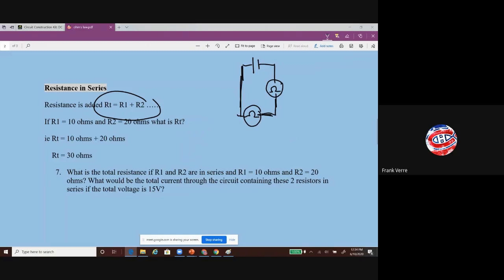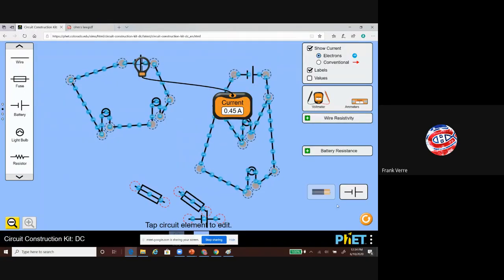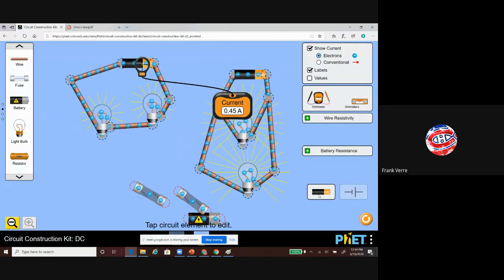When the electricity is flowing through my light bulb, the light bulb produces light because the electricity has a hard time moving through the light bulb. And because it has a hard time moving through the light bulb, it gets hot.